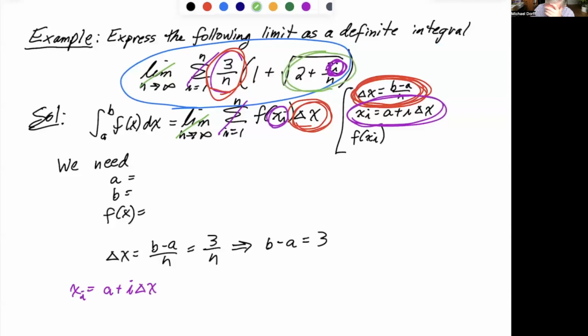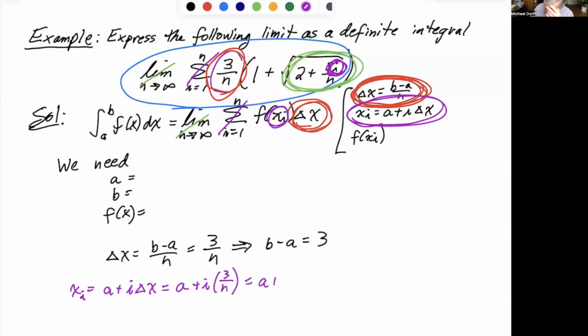This part has an i with it. And that reminds me, that looks like what I'm going to need for the x sub i. Maybe it helps to think of this too as, again, x sub i is a plus i delta x, but delta x is, we found out from before, 3 over n.